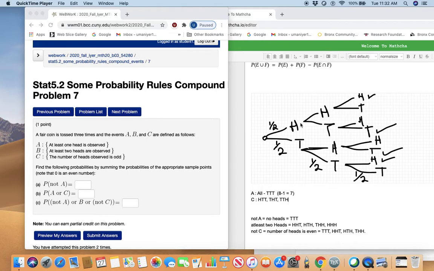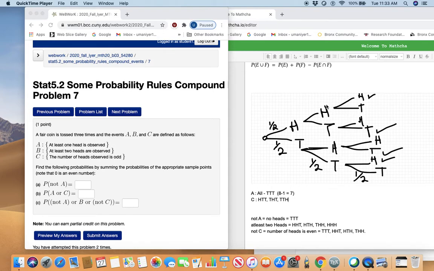Second flip, if the first is head, the second could be head or tail. Again, half, half here. Third flip, head, tail, half, half. Likewise, if first is head, second is tail, then third could be head or tail, half. So basically, each of these branches gets 1/2.